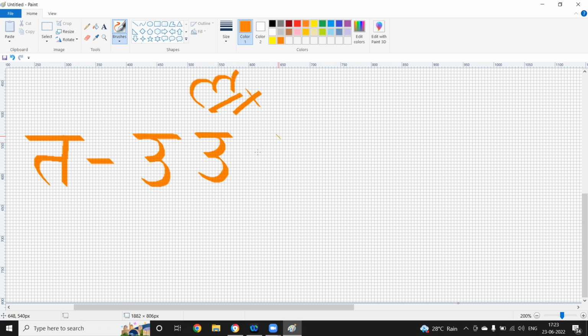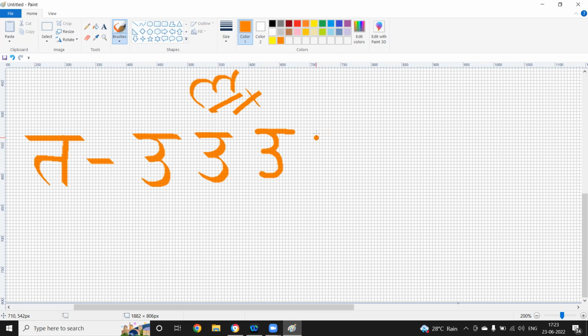Now about these two loops that we are drawing here, let us see with the non-calligraphic brush. So this is the Shirorekha from the extreme left when we start. These two loops are of the same size. They are ending at the same point here. No loop is extending here.